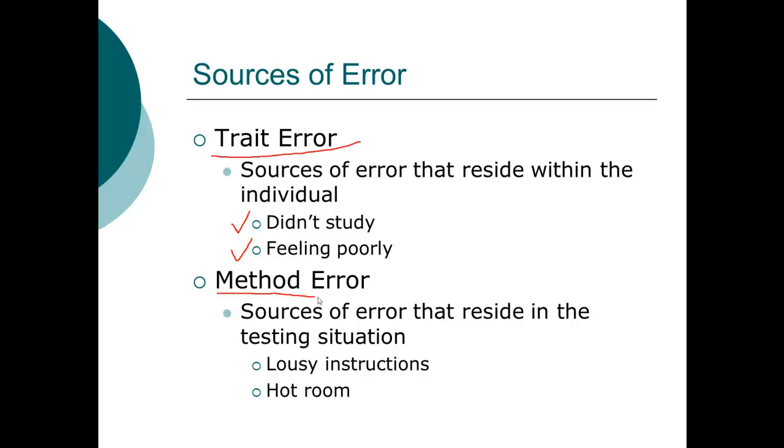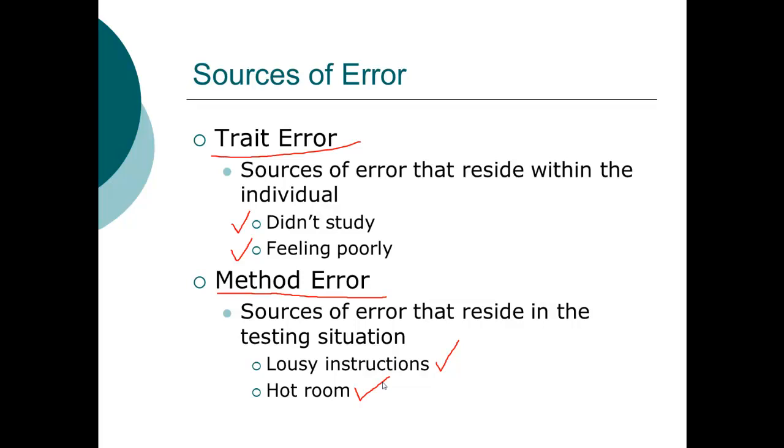Method error are sources of error that reside in the testing situation. Maybe the instructions that you gave for the test are lousy. Maybe the environment of the room was bad.